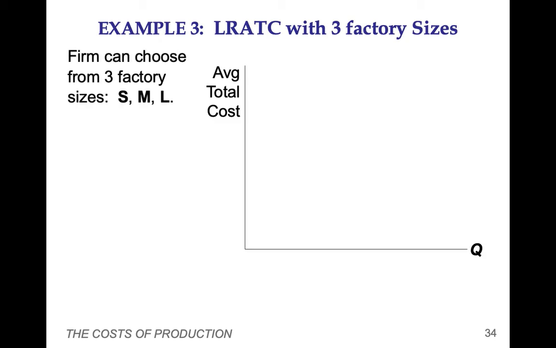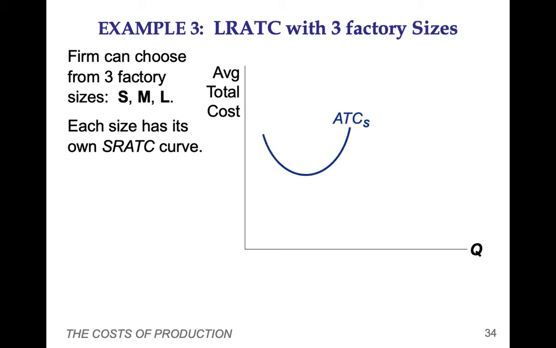The firm can choose from, in this example, 3 factory sizes: S, M, L, small, medium, and large. Each size has its own short run average total cost curve. The blue curve represents the short run average total cost curve for the small size.